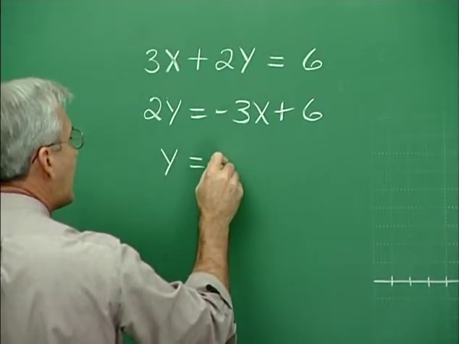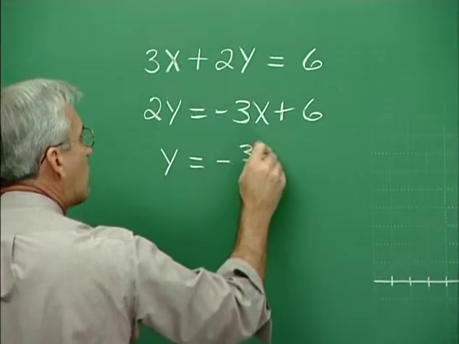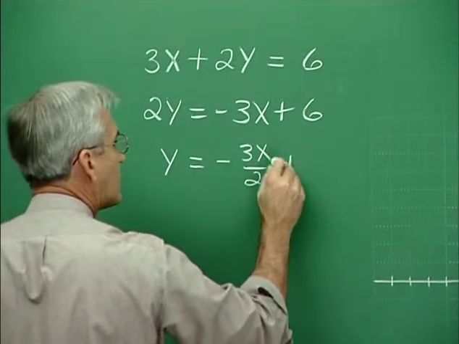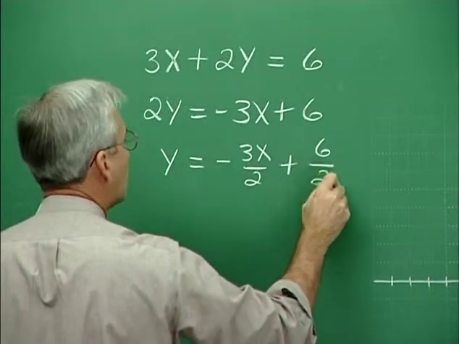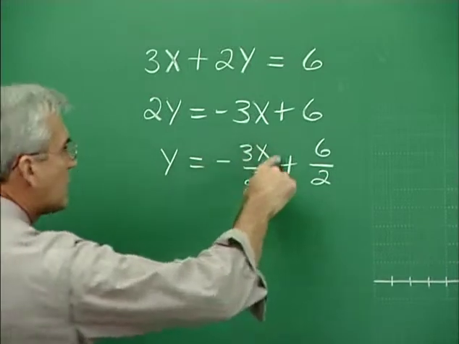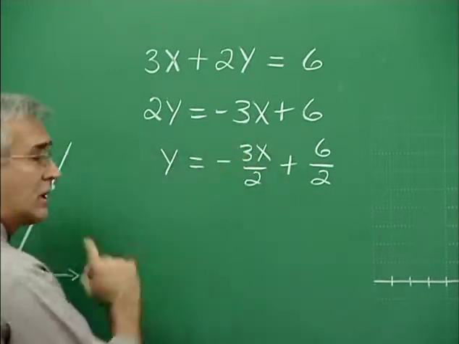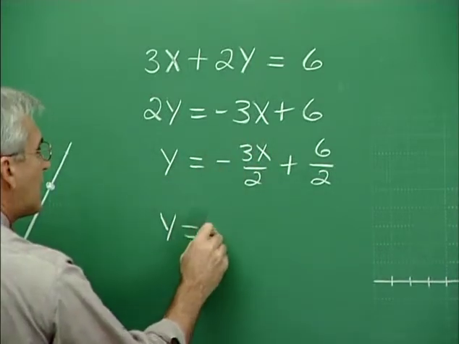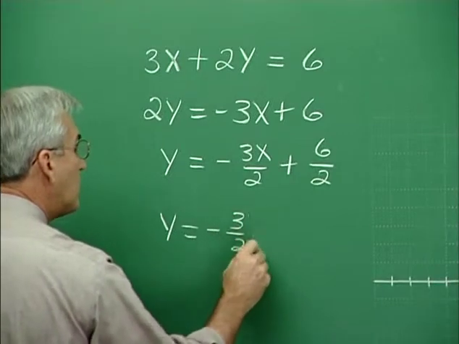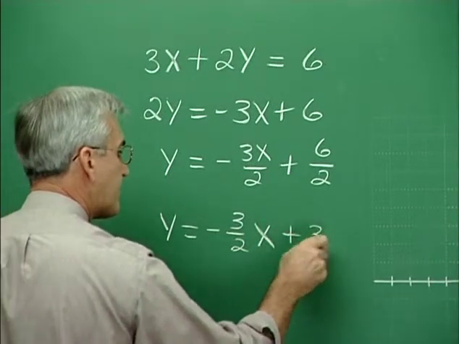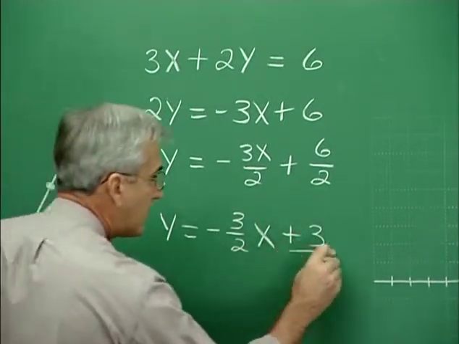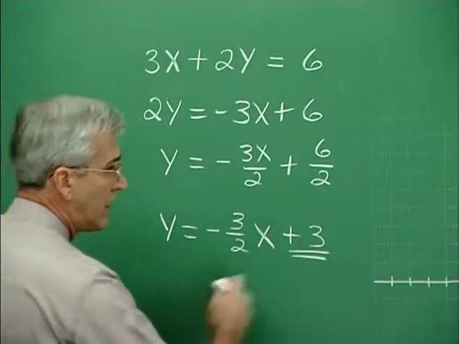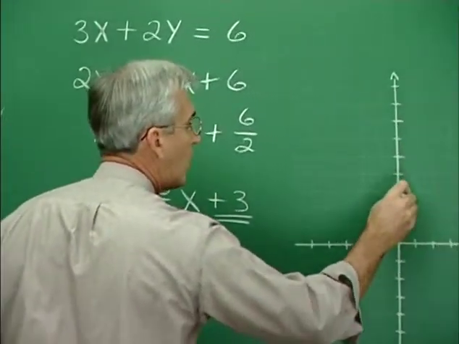Divide here by 2, we have -3x over 2, and then plus 6 over 2. Now, we would want to see a distinct coefficient in this term, so we would think of this as -3 over 2 x, and then plus 3. Now, the 3 tells us the y-intercept. So we come over here and we identify the y-intercept.